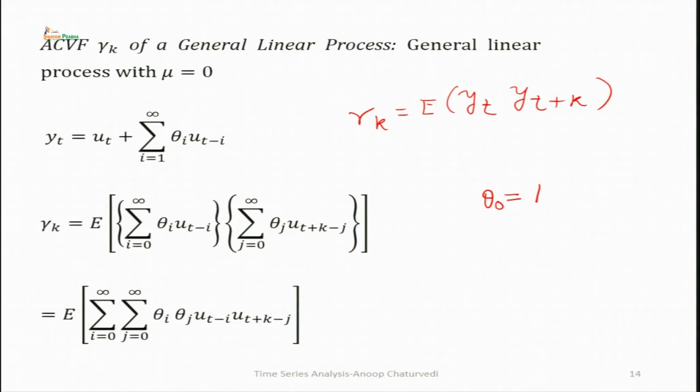Now, remember u t is a purely random process. So, expectation of u t u t plus j is equal to sigma squared u if j is equal to 0 and it is 0 otherwise.